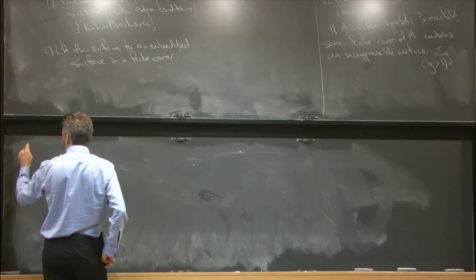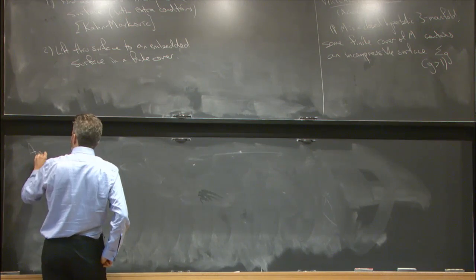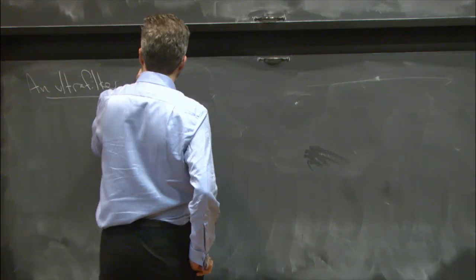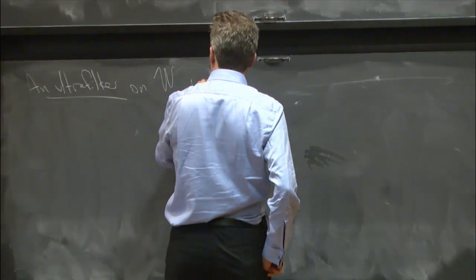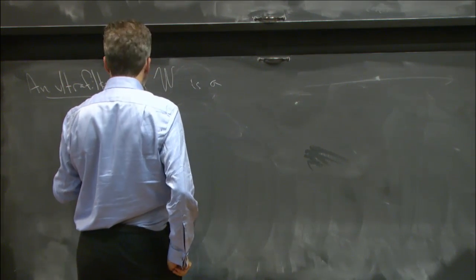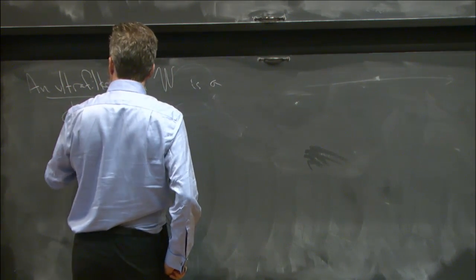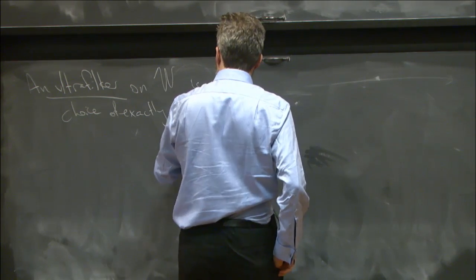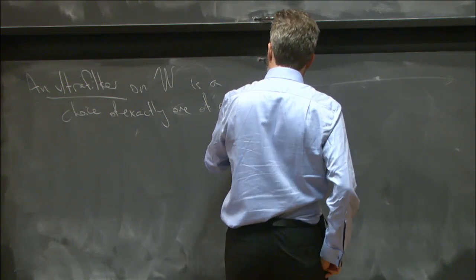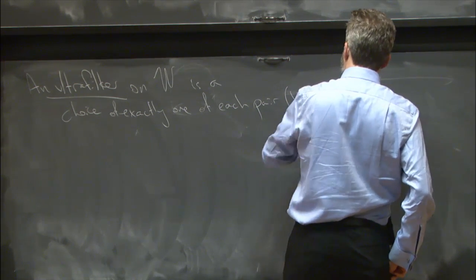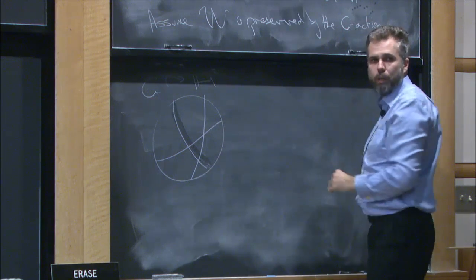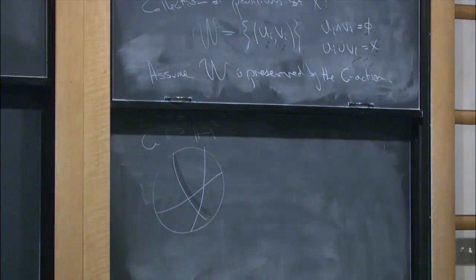So this is Sageev's language: an ultrafilter on W is the choice of exactly one of each pair U_i, V_i. So for each of the elements of this partition, we're going to choose exactly one of either U_i or V_i.